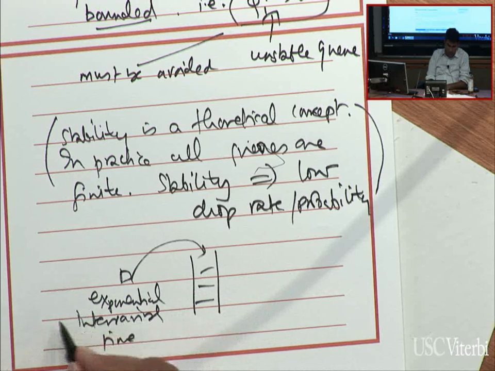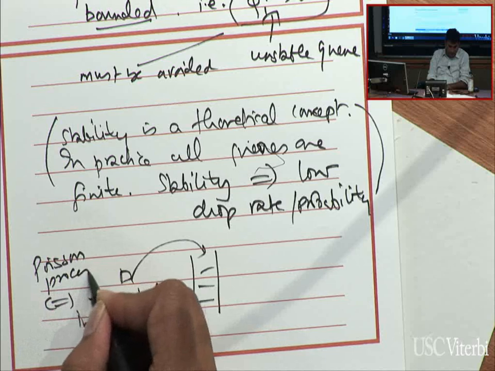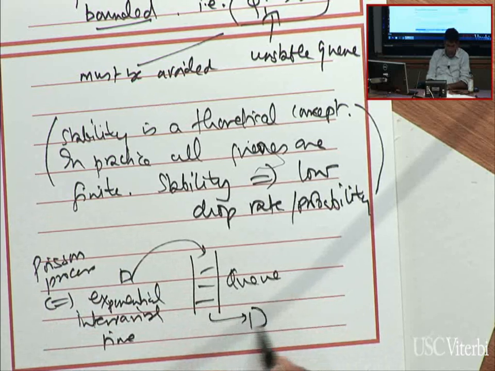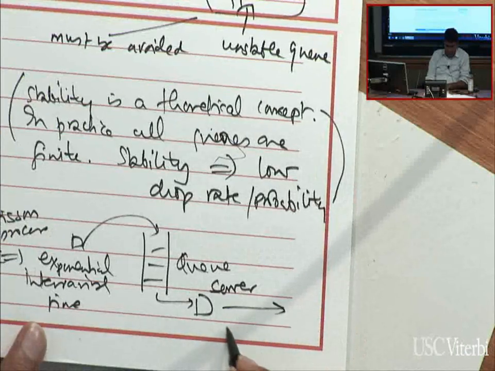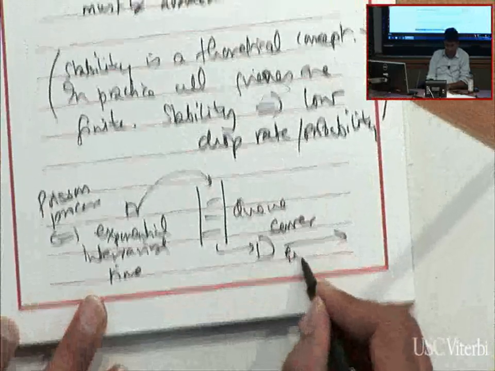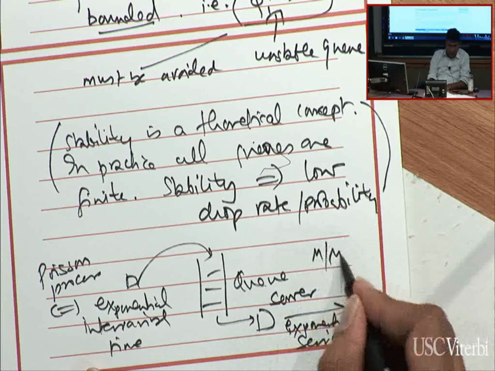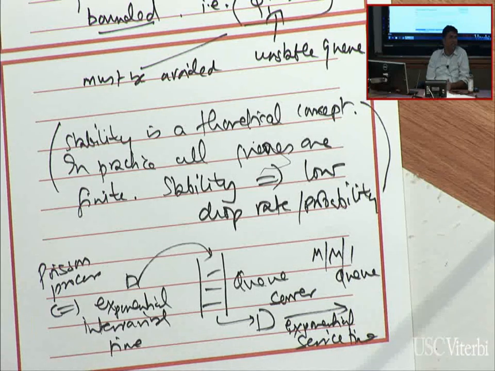This is equivalent to something called a Poisson process. And then the queue basically goes to some server, which sends the packets from the queue with also an exponential service time. This is called an MM1 queue. It's the simplest type of queuing system we can analyze mathematically.